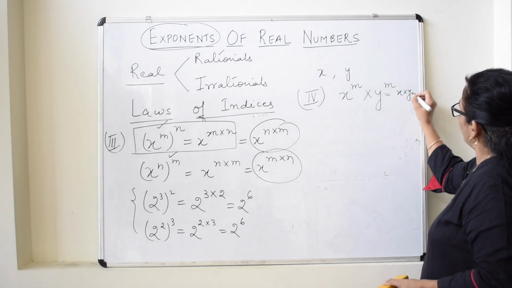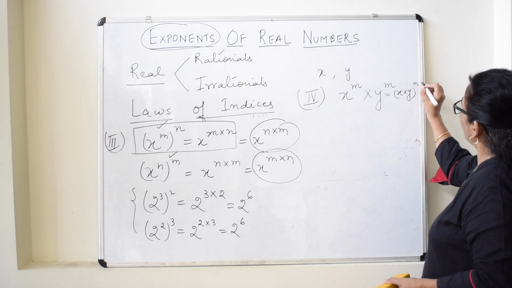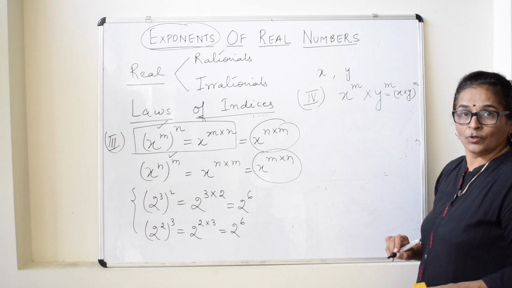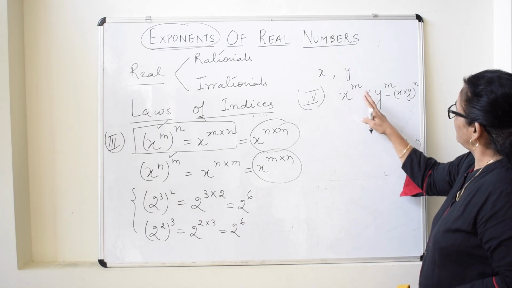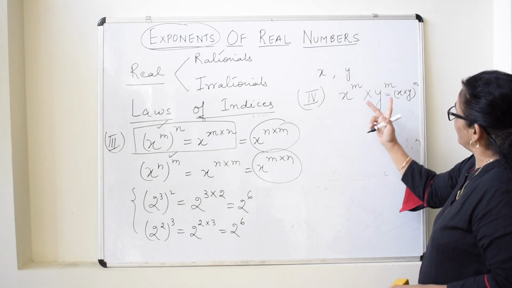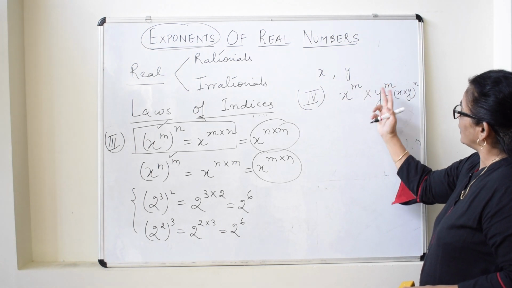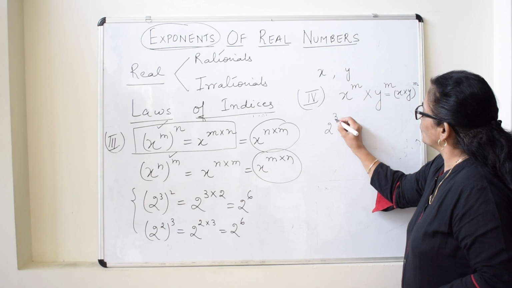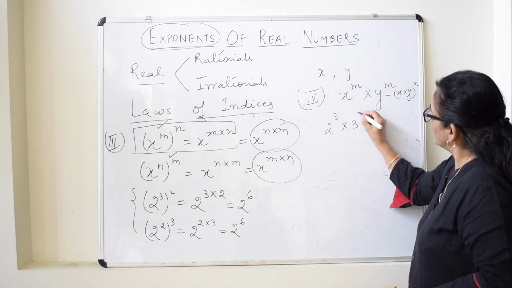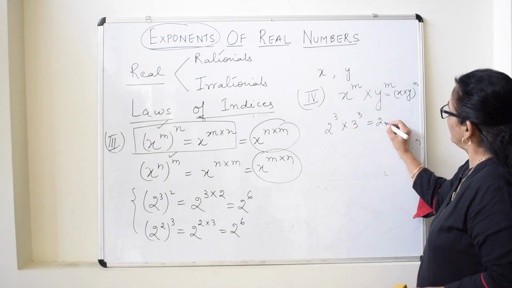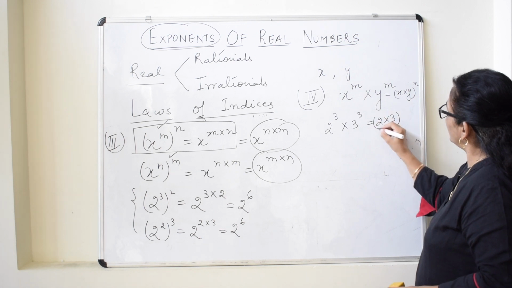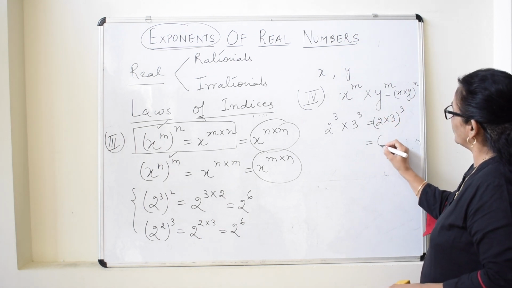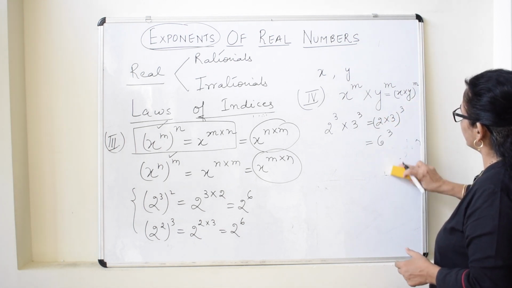X into y whole to the power of m. Okay? X to the power of m multiplied by y to the power of m means since they are having the same powers, so they can be directly multiplied. For example, 2 cube into 3 cube can be written as 2 into 3 the whole cube, so 6 cube.